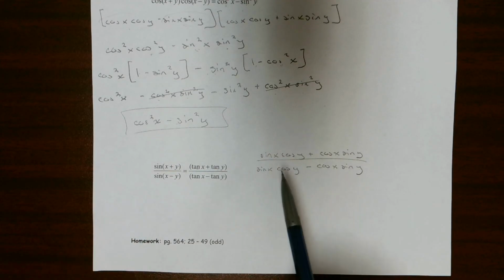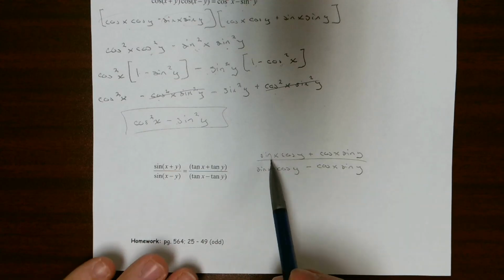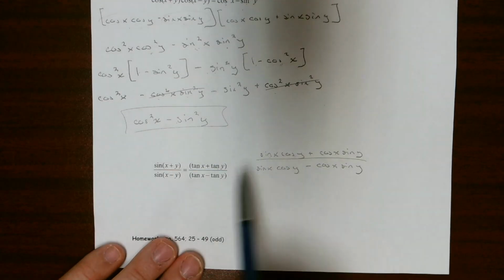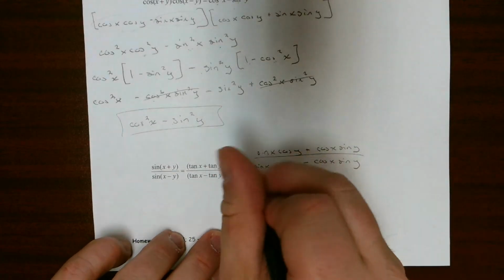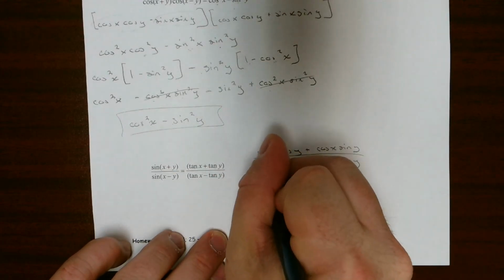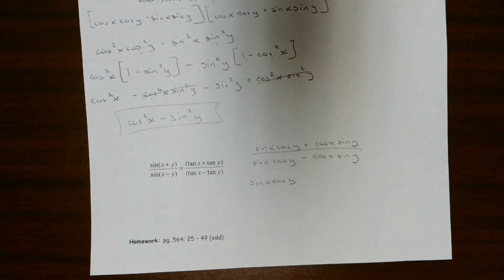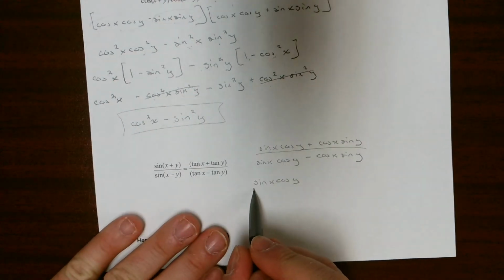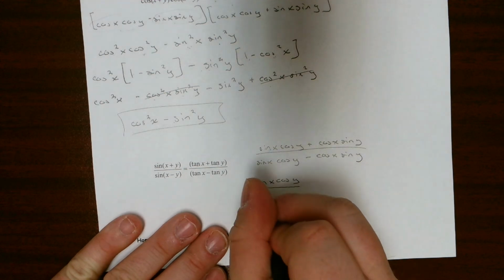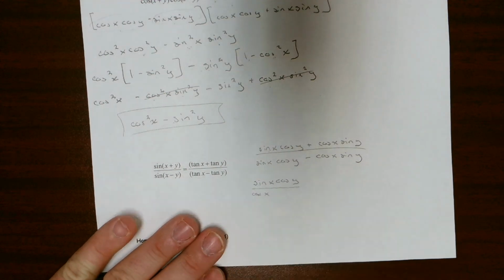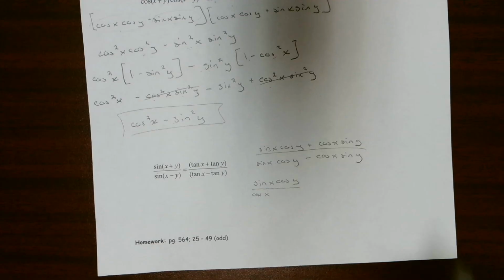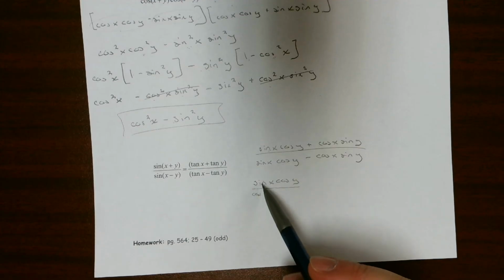But you have to be clever and see, okay, how can I turn sine of x cosine y into tangent of x? Let me rewrite just that term: sine of x cosine of y. Well, if that was divided by cosine of x, you can see right there, there's the tangent of x.